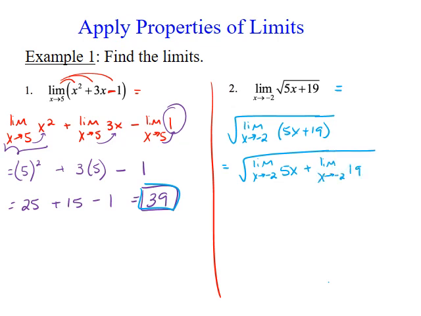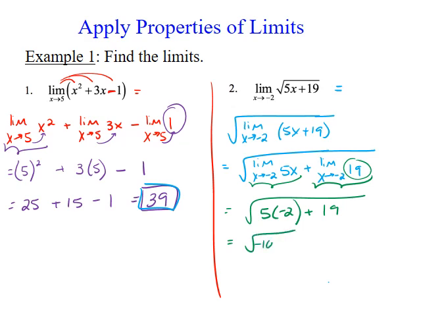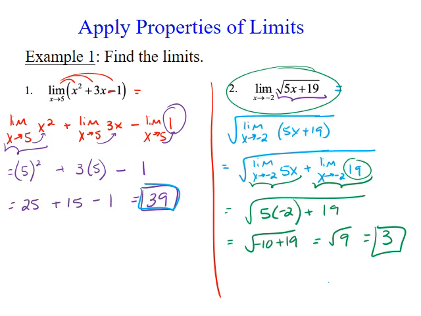All of this under the radical. So, when I evaluate this, I plug in -2. And when I evaluate this, it's a constant, so I just have 19. So this is the square root of -10 plus 19, which results in the square root of 9, or 3. So this limit is equal to 3. The intended height of this function as x approaches -2 is equal to 3.